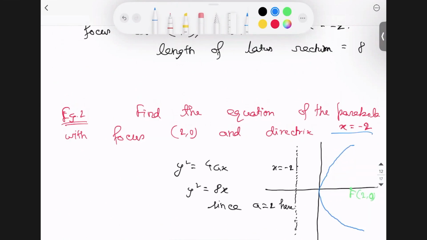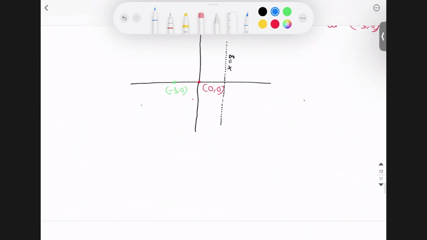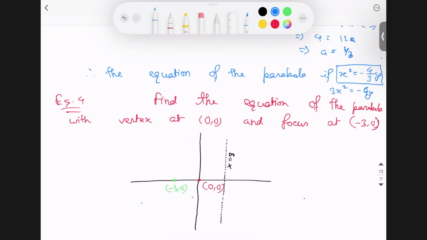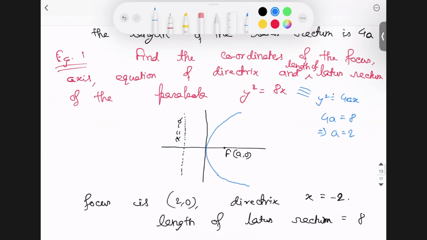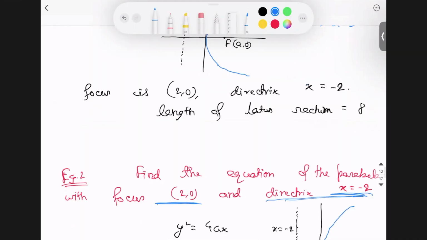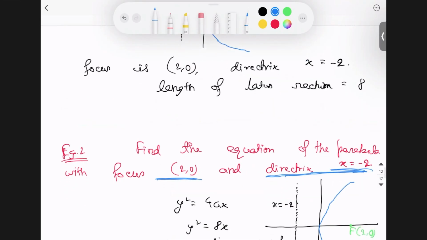If we know the focus is at the point 2, 0, that is sufficient to understand where the directrix is. But if they give that the directrix is x equals to minus 2, that indirectly implies that the vertex is at the origin, because the vertex is the only point bisecting the line joining 2, 0 and the directrix.